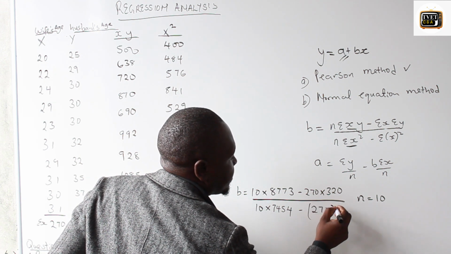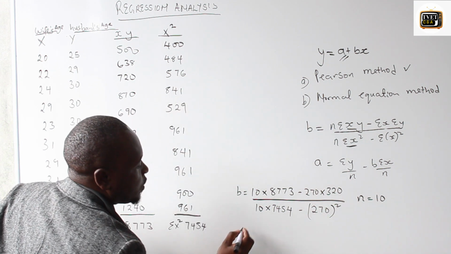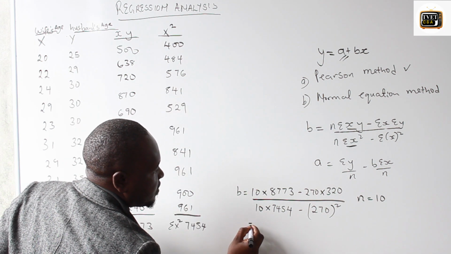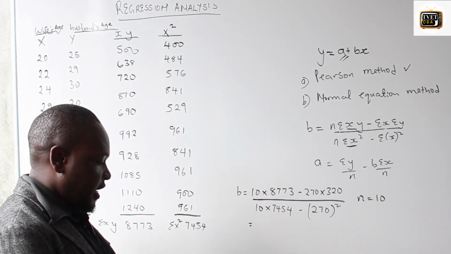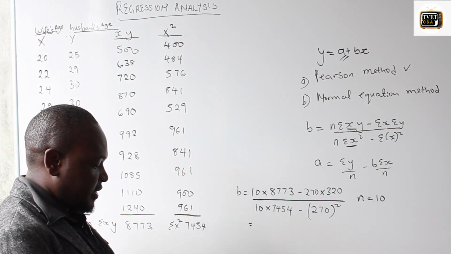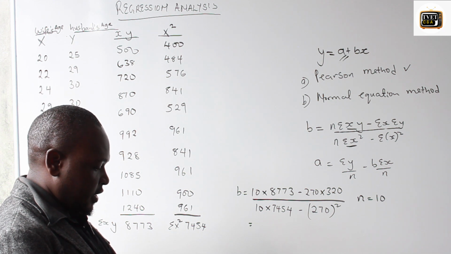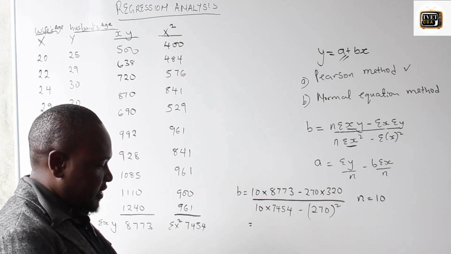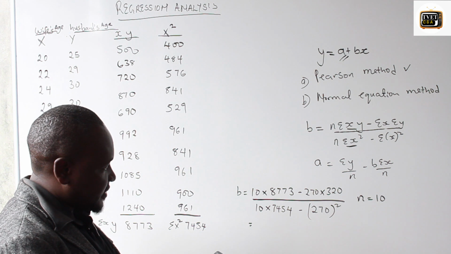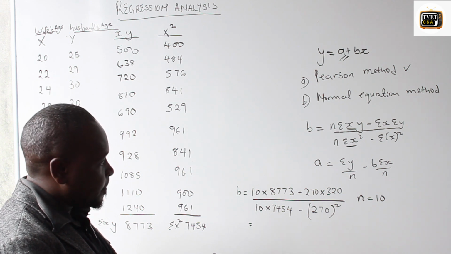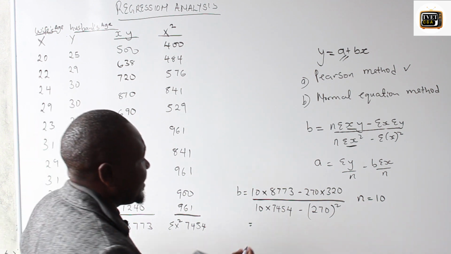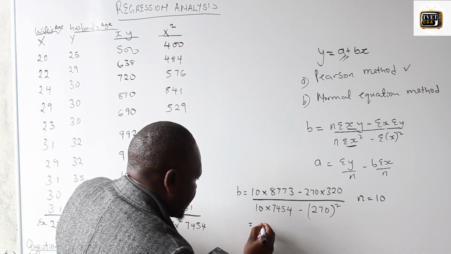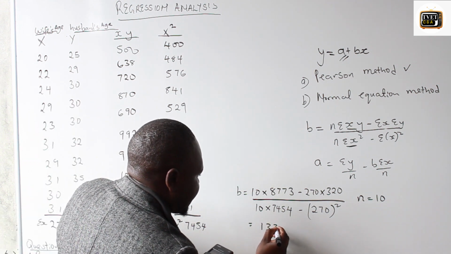When you simplify this, you first work with the top, which will be 10 times 8773 minus 270 times 320. You will find 1,330.